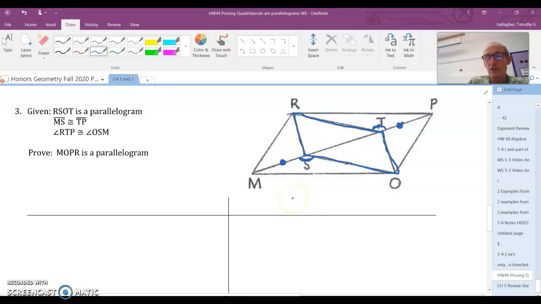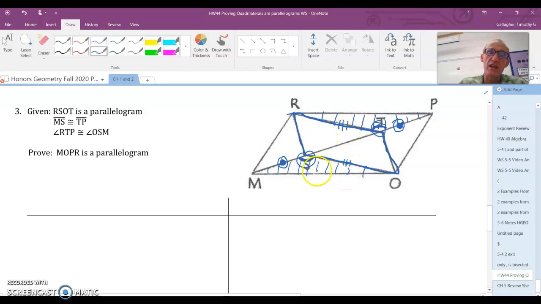Now, it looks like we can get this triangle congruent to this triangle by side angle side. So we have one of the given sides, okay, we have one angle, and that's given, and we also have these two sides because this is a parallelogram, so the opposite sides in a parallelogram are equal, okay?